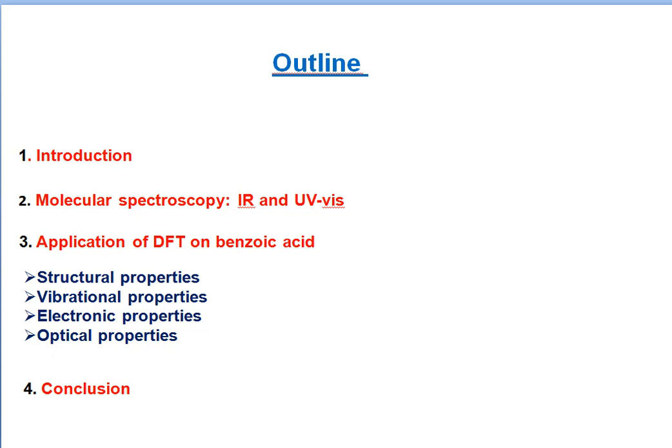In part 3, I will present the application of DFT calculation on benzoic acid. Here, I concentrate on the structural properties, vibrational properties, electronic properties, and optical properties of benzoic acid. And finally, I will give you our important conclusions.